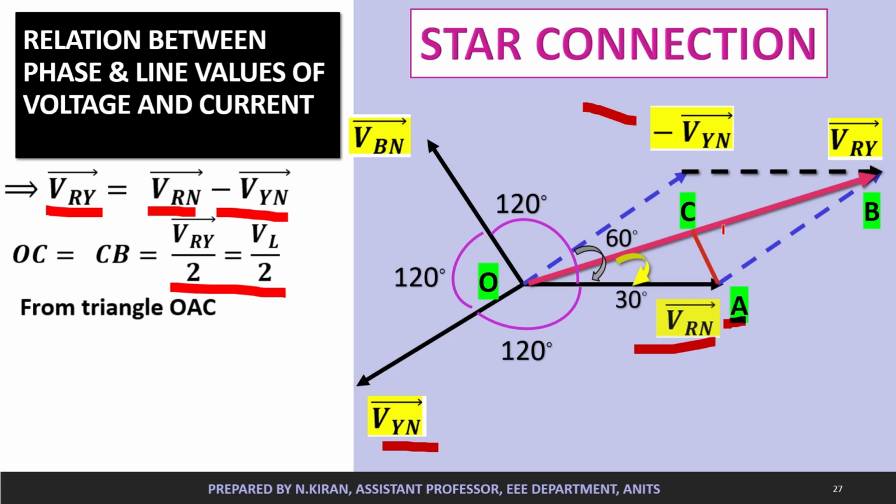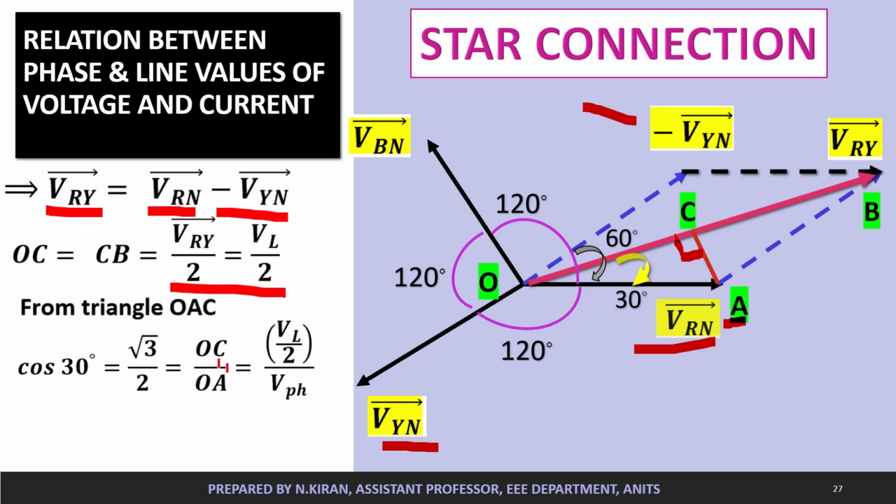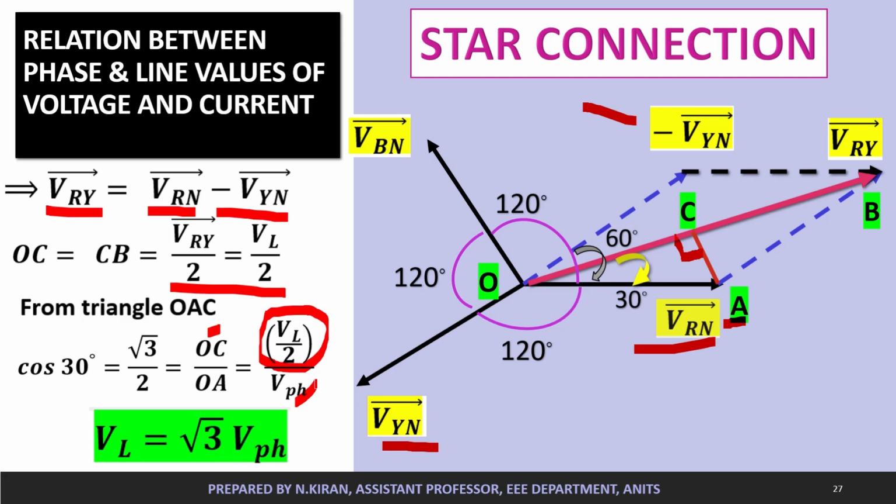Since this is 90 degrees, cos 30 is adjacent by hypotenuse. The adjacent length is OC and the hypotenuse length is OA. So cos 30, which is root 3 by 2, is OC by OA. OC is line voltage VL by 2. The length of OA represents VRN, which is the phase voltage. On cross multiplication, I get the relation VL equals root 3 times V phase. So in star connection, the magnitude of line voltage is equal to root 3 times the magnitude of phase voltage.